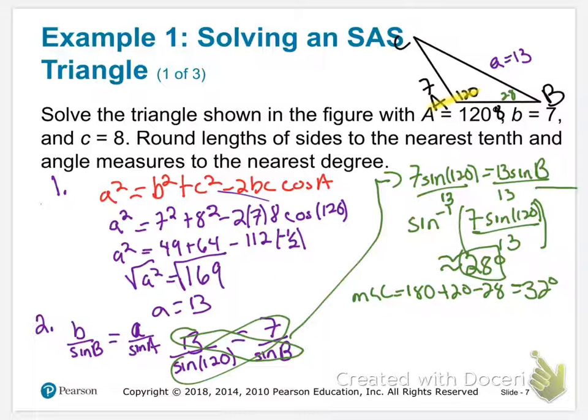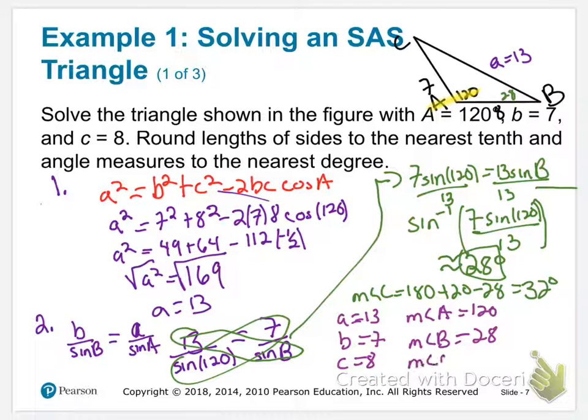So to list this all out: A equals 13, B equals 7, C equals 8. Angle A equals 120, angle B equals 28, and angle C equals 32.